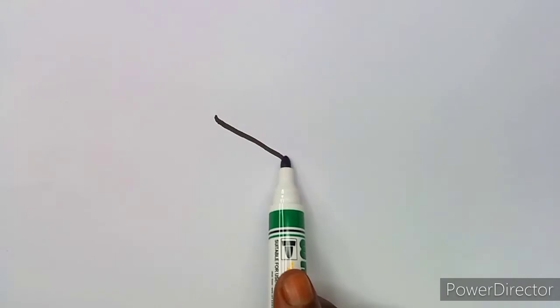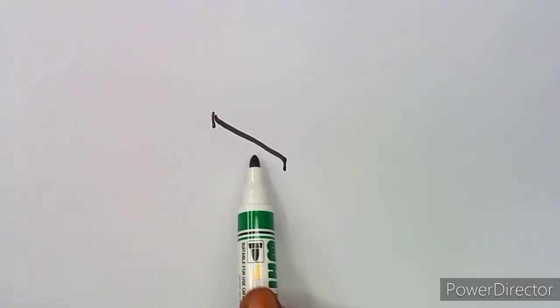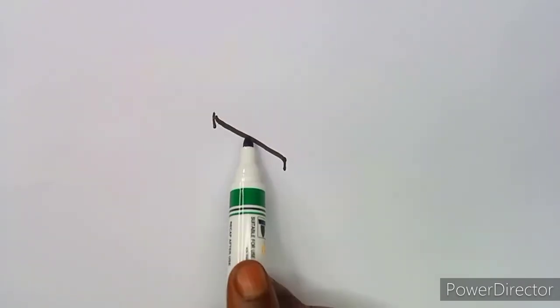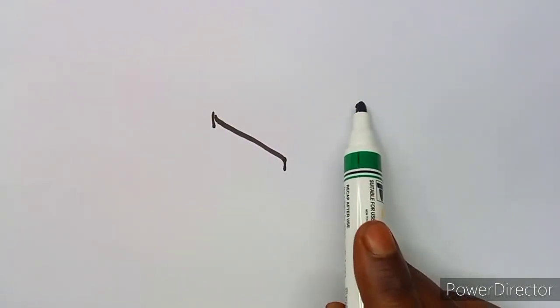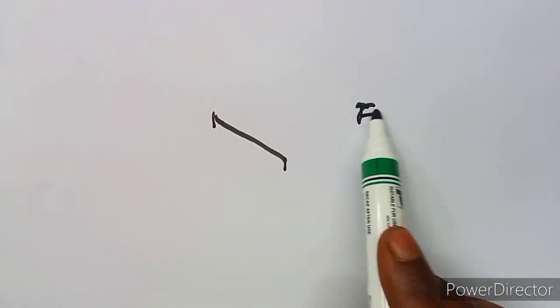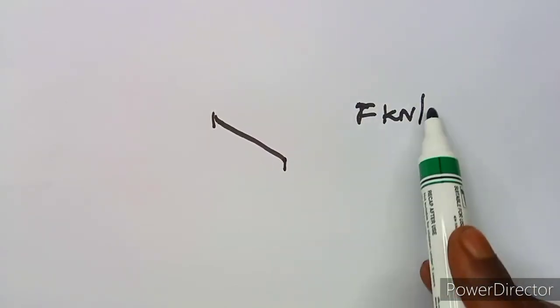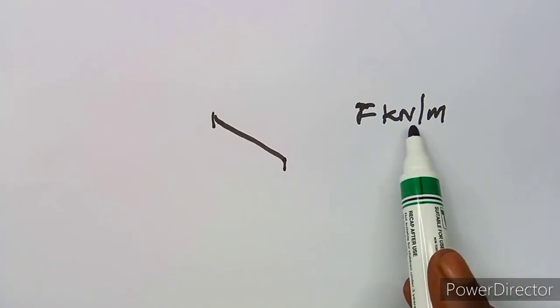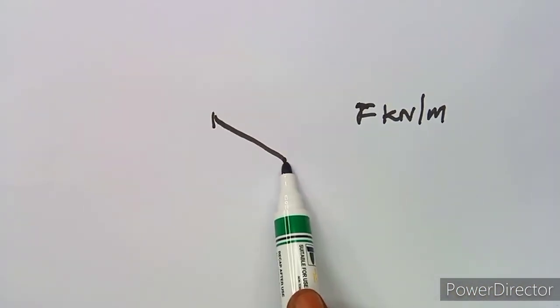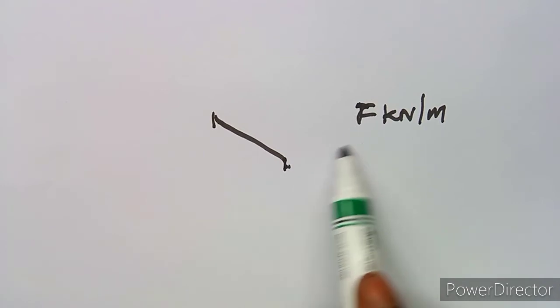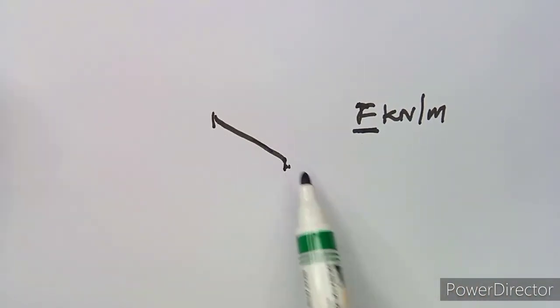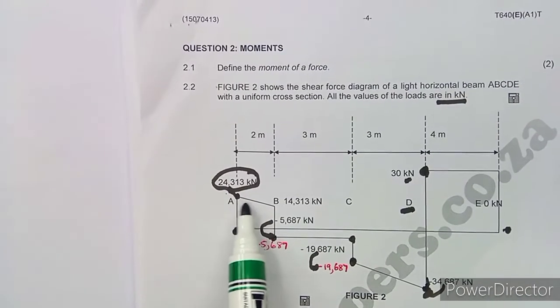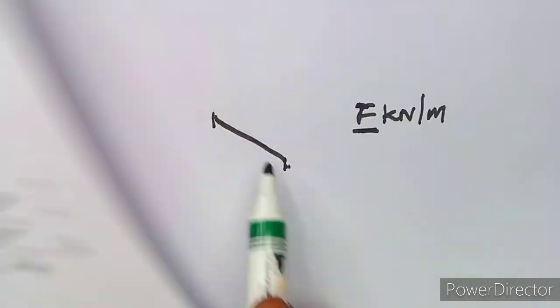And when we were indicating it, we multiplied the force, let's just say F kilonewton per meter, by the distance in order to subtract the force. So this time, since you had to divide, how am I going to indicate?